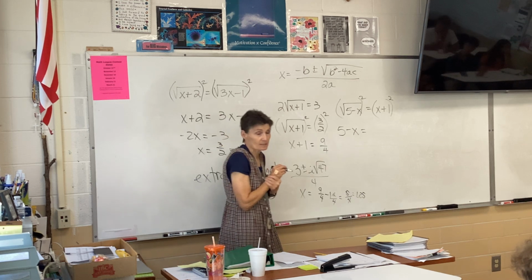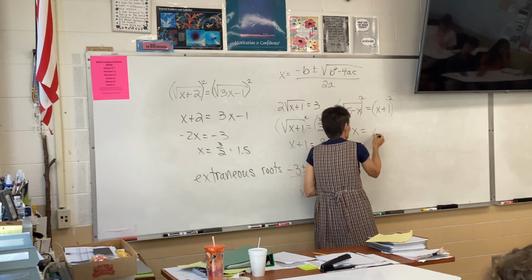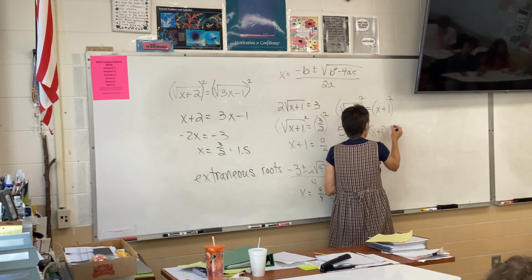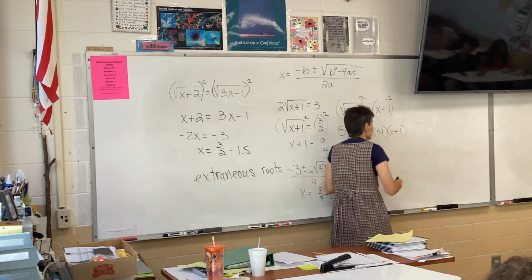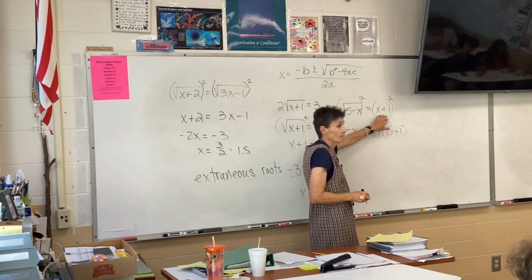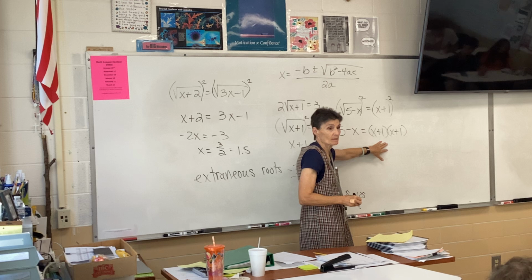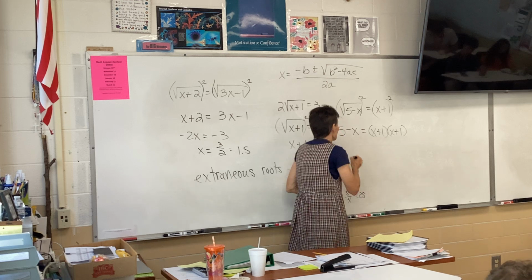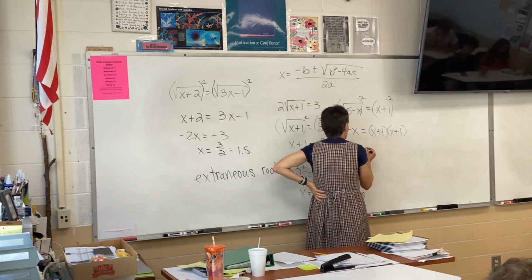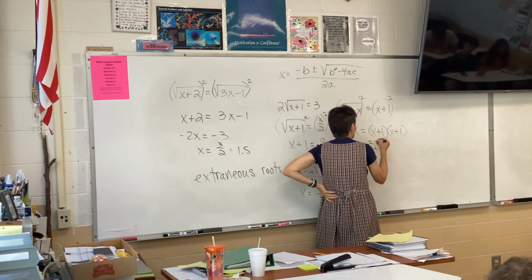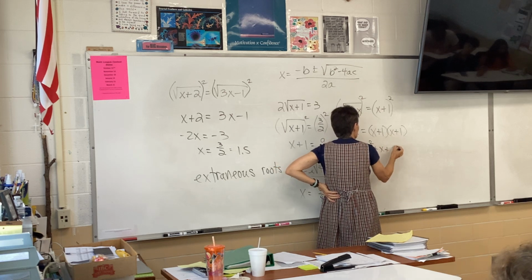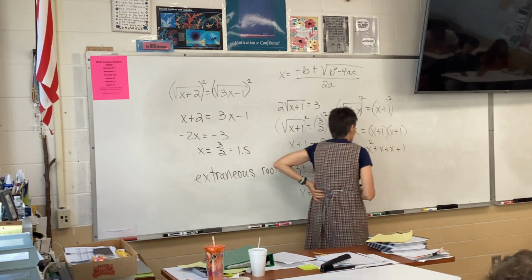Square root. X plus 1, x plus 1. Don't be a freshman. Don't make a freshman mistake. That is a FOIL. X plus 1, x plus 1. So x squared, outsides, insides, last.